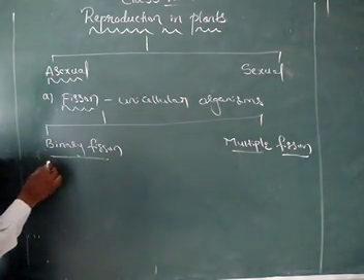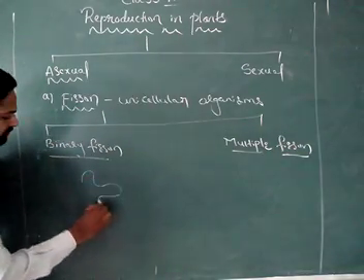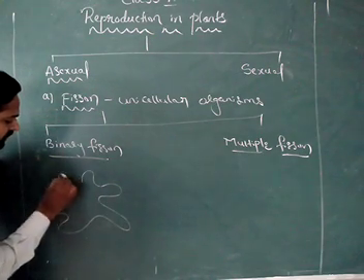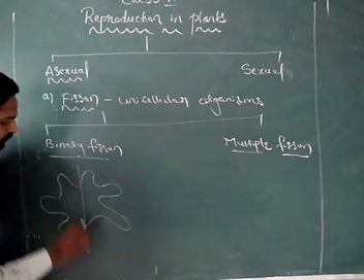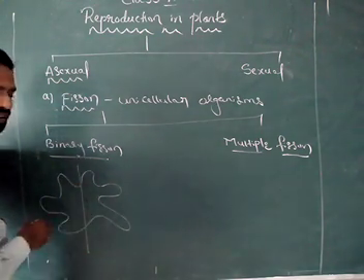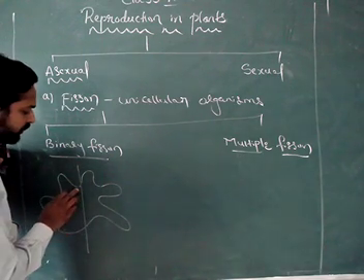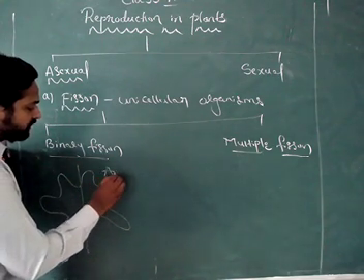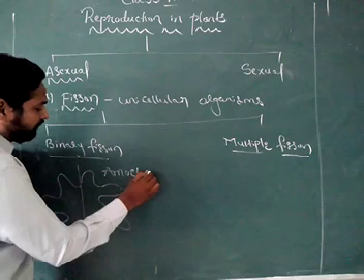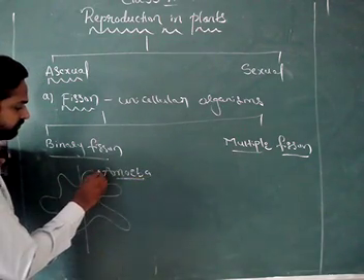Binary fission, in case of amoeba, the two amoebas are divided. The unicellular amoeba divided into two with the help of binary fission.